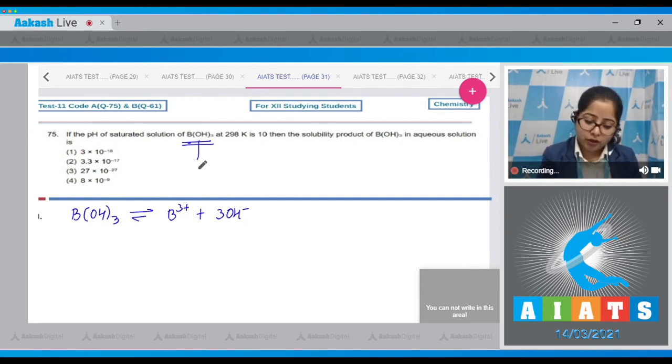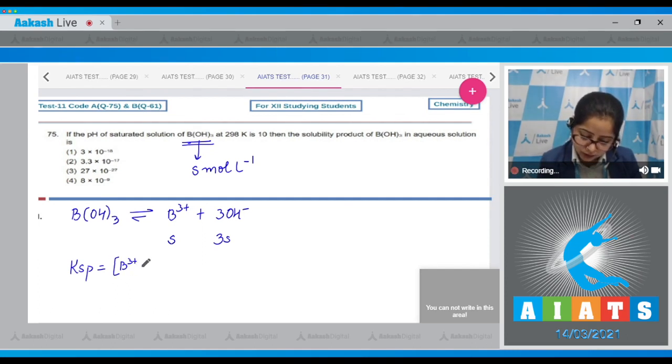Let's take the solubility of BOH whole 3 as S mole per liter. So here the concentration of B3 plus ion is S and the concentration of OH minus will be 3S. And we all know that Ksp is equal to the product of the concentrations of the products formed. So the concentration of B3 plus multiplied by the concentration of hydroxide ion raised to the power 3. So this is S, this is 3S whole cube. So this will be 27S4.